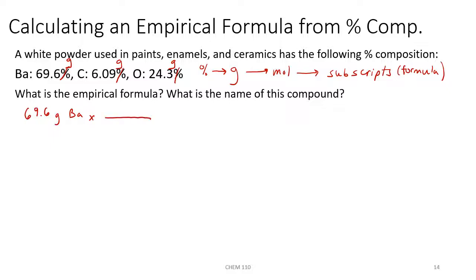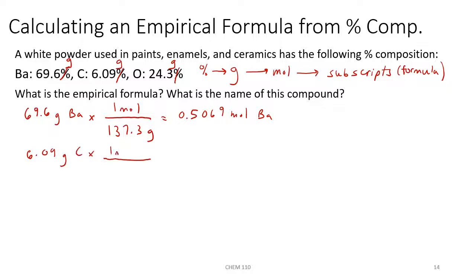The atomic mass of barium from the periodic table is about 137.3 grams per mole, and that'll give us about 0.069 moles of barium.